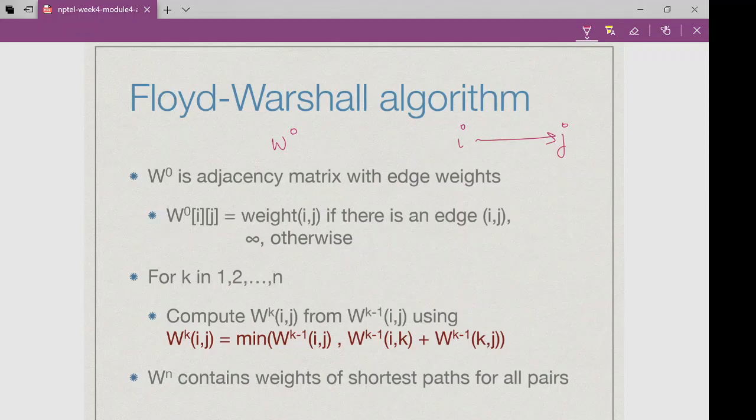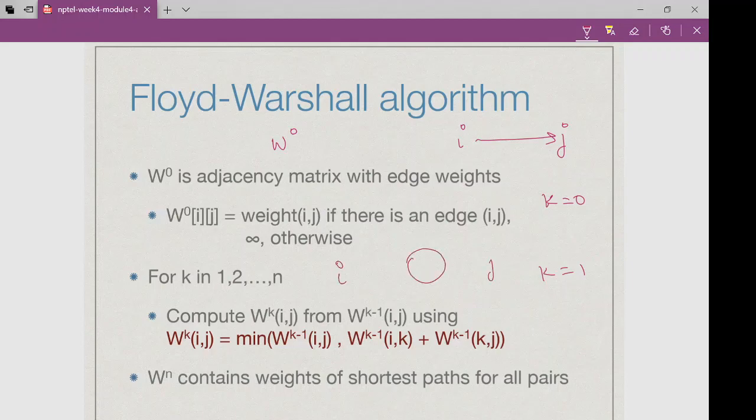Now, this becomes our base case, and then we will iterate our k from 1 to n. Right now k is 0, and then we say the value of k is 1. So we will see all the paths of length 1, or you can say there is one vertex in between.